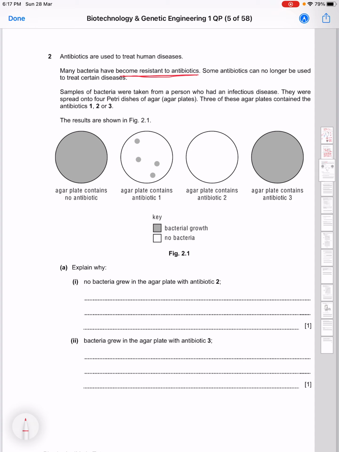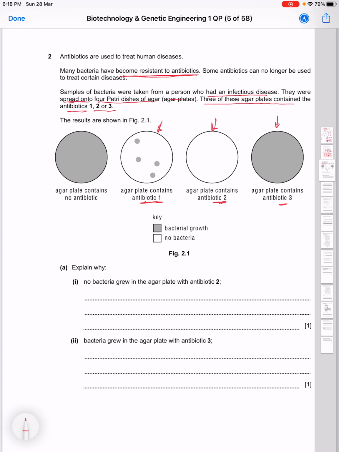Samples of the bacteria were taken from a person who had an infectious disease. They were spread out onto 4 petri dishes of agar plates. 3 of these agar plates contain the antibiotic, 1, 2, and 3. Then they added some bacteria on these 3 plates.